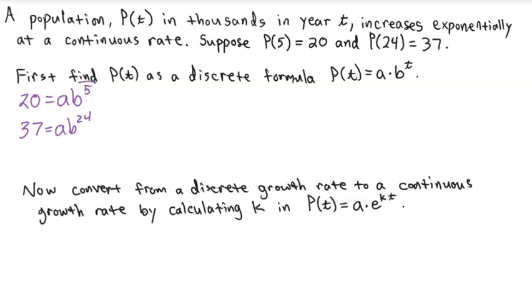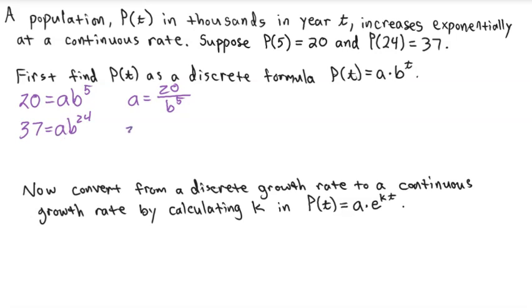If we divide by B to the 5th from both sides, we get A equals 20 divided by B to the 5th power. Now we're going to take this A and plug it in for A here.